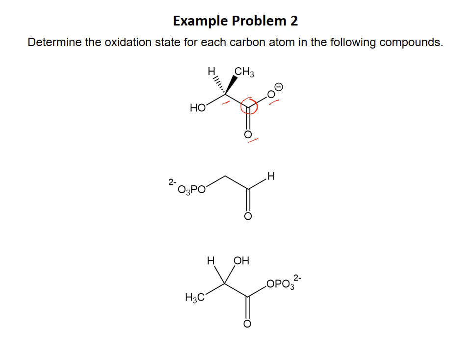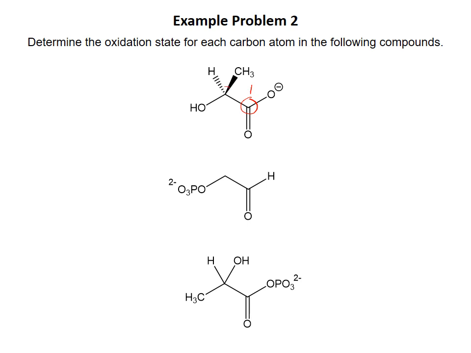In this case, oxygen gets the electrons because of electronegativity, and so based on the assignment here, the carbon and oxygen connection is 0. Carbon-carbon bond, 1 to this carbonyl carbon. So the oxidation state here is 1.